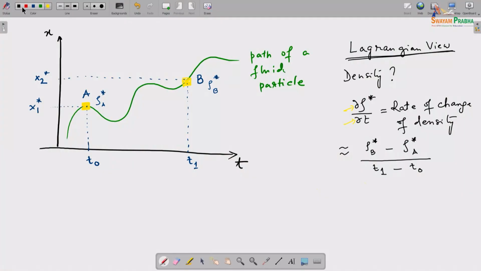What sort of a derivative would I use, because I am talking about a rate of change of the properties? So let us look at that. This is now the Eulerian description.